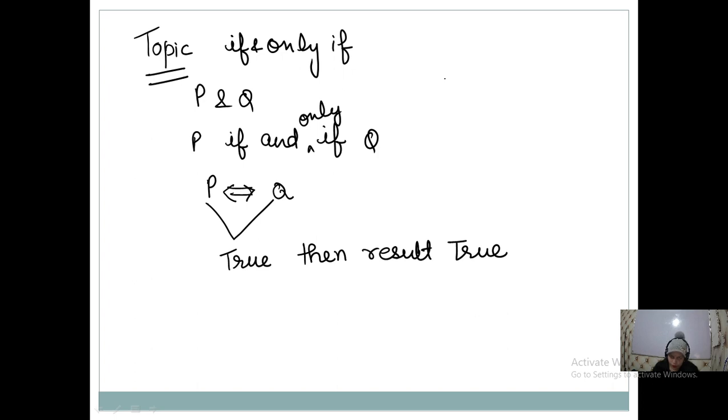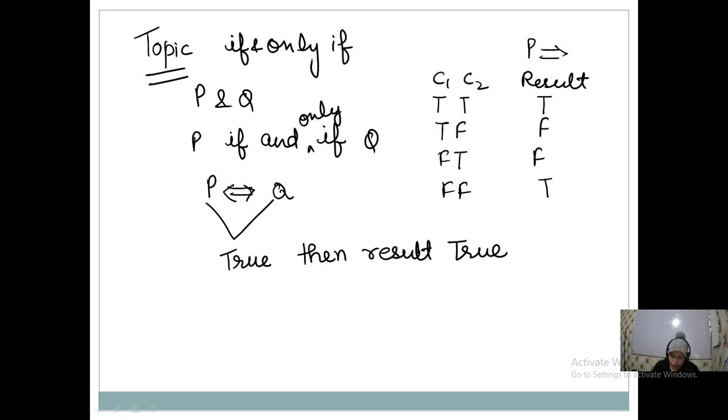You can say you have two conditions, condition 1, condition 2 and result. In this case, if both are true, the result will be true. If one true, other false, result false. First false, second true, then result false. Both false, then result will be true.